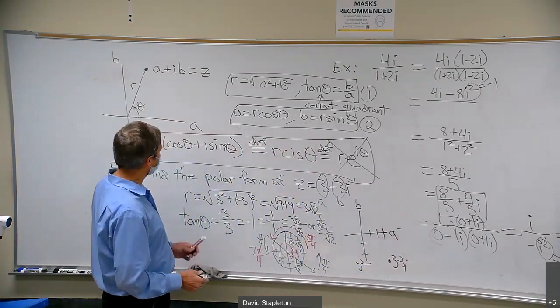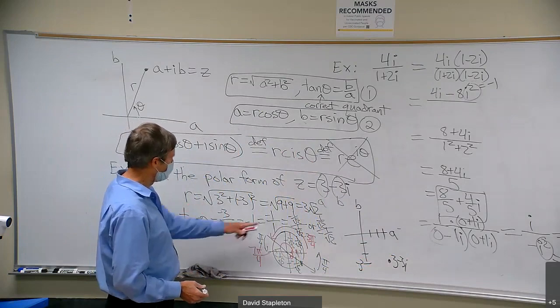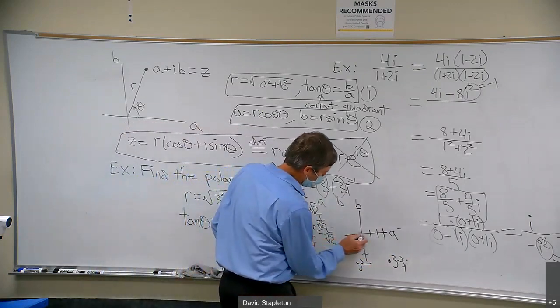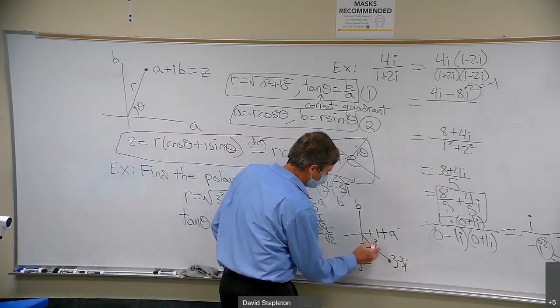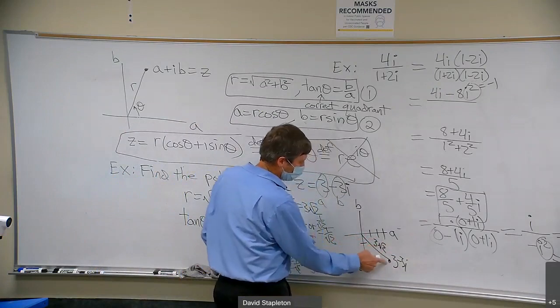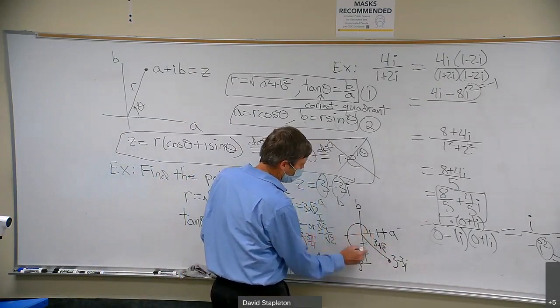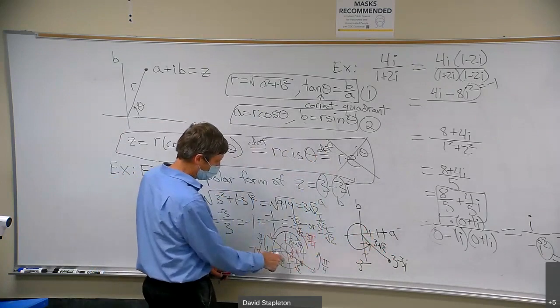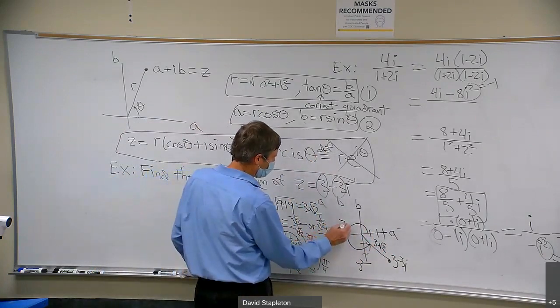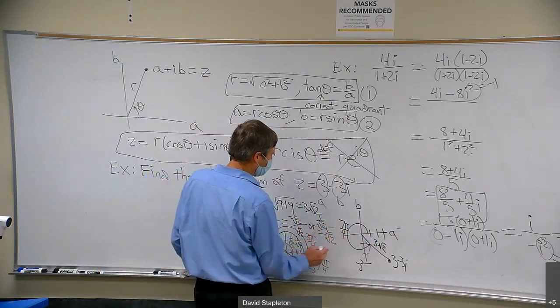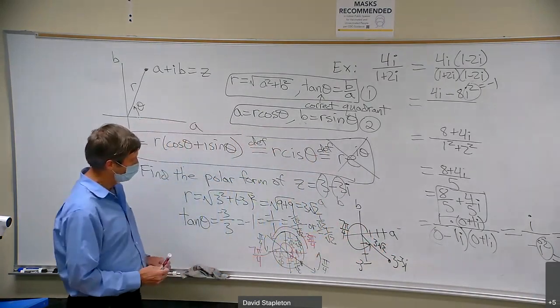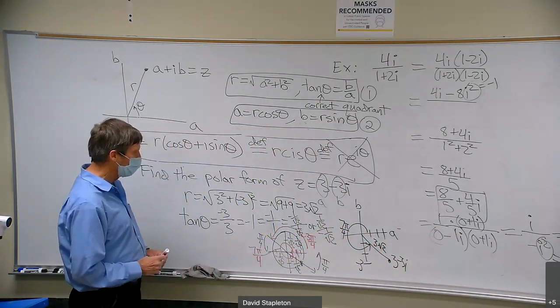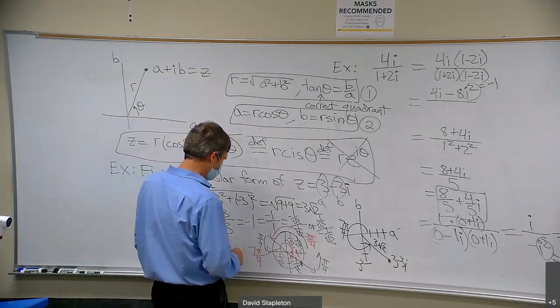What we found out is that r equals 3 square root 2. That's how far this is from the origin. But since we're in quadrant 4, we want this angle. That's this one here, 7 pi over 4. We don't want the 3 pi over 4, we want the 7 pi over 4. That's your theta.